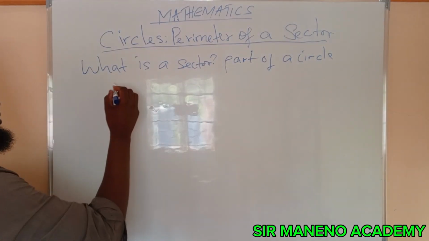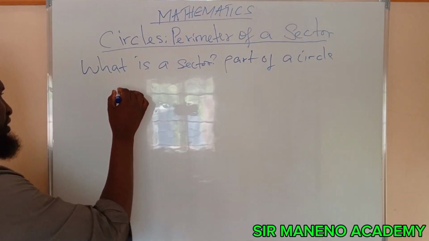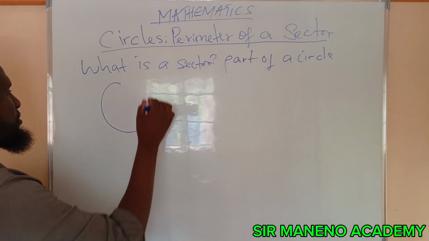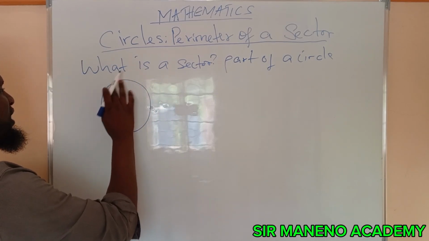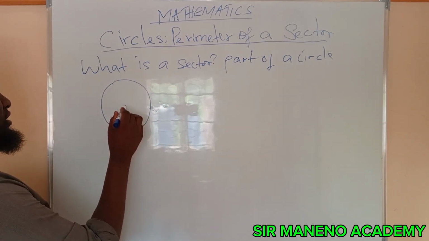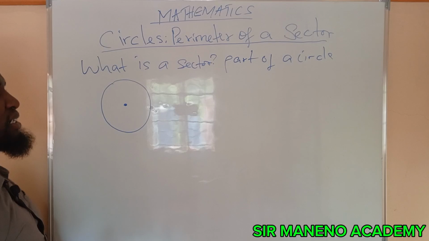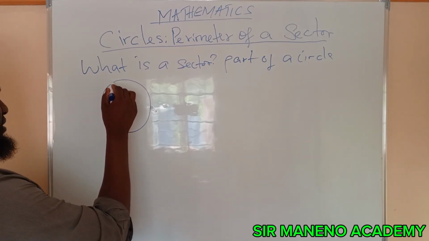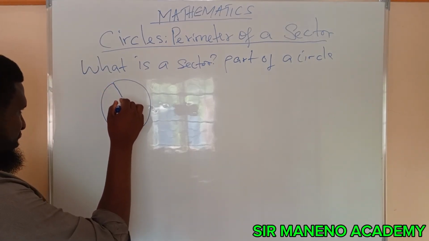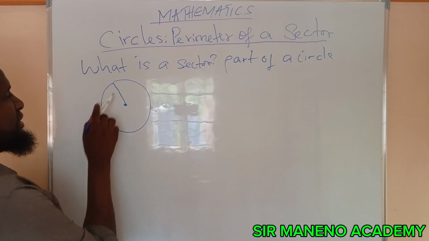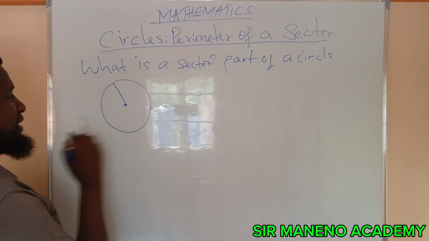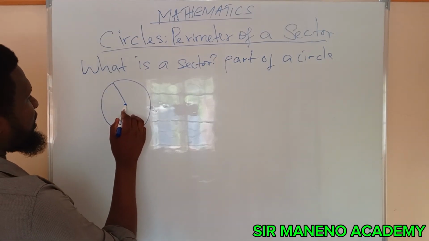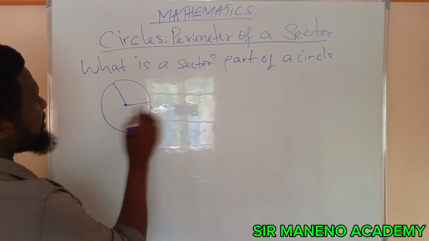For example, we have this circle, and this is the center of the circle. If we take this point up to here, that is known as a radius, and we make another one from this point up to here.